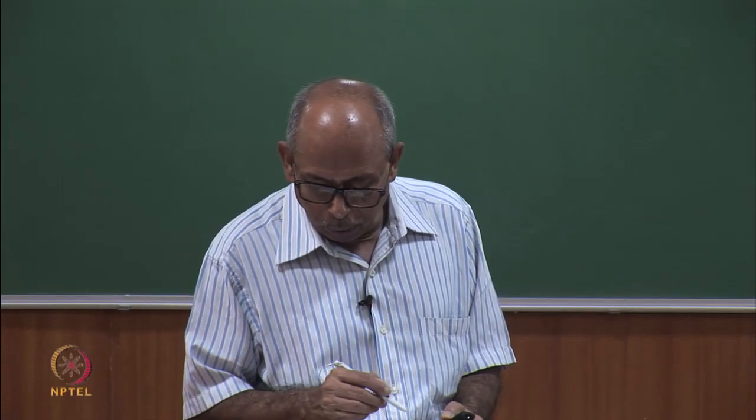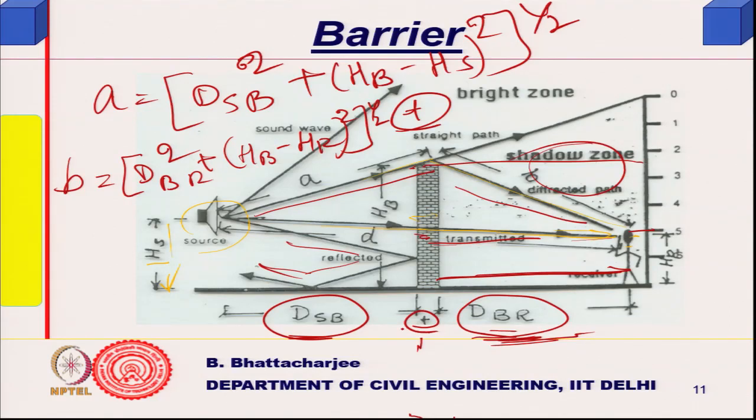So, what about the direct path? That is what we are calling A plus B minus D. D is the direct path, isn't it?